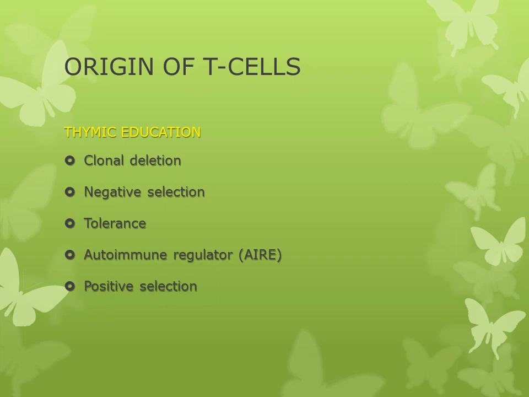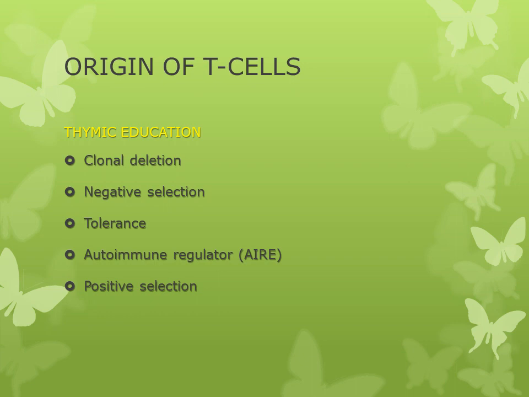Another important phenomenon is positive selection. Positive selection occurs for those CD4 and CD8 cells that do not react with the self major histocompatibility complex. Because for presentation of the antigens, major histocompatibility complex binding is important. So those cells, whether CD8 or CD4, if they do not react with the major histocompatibility complex, are also killed.